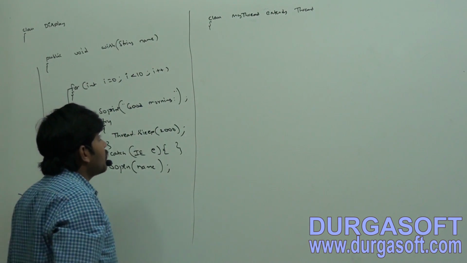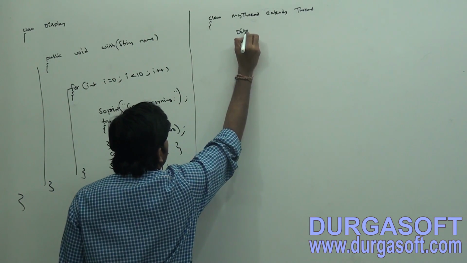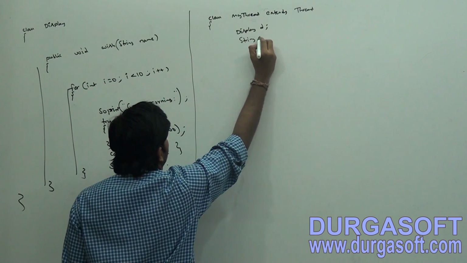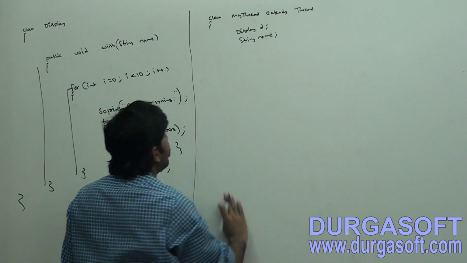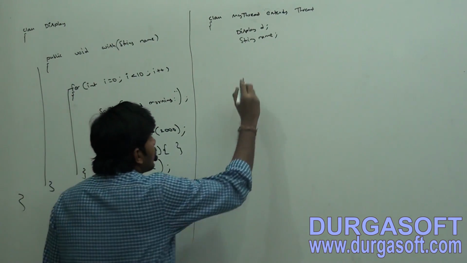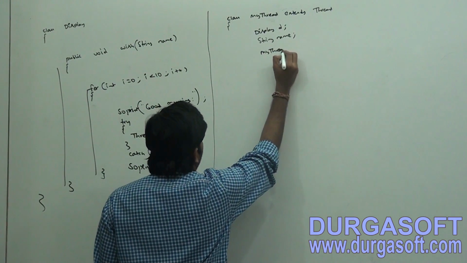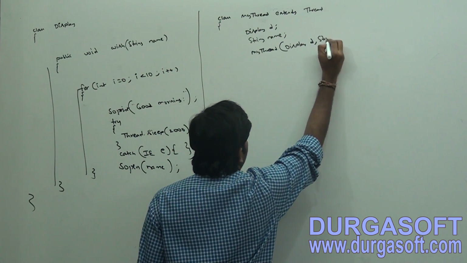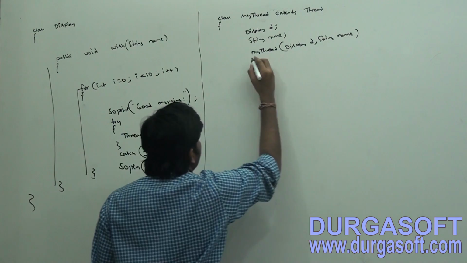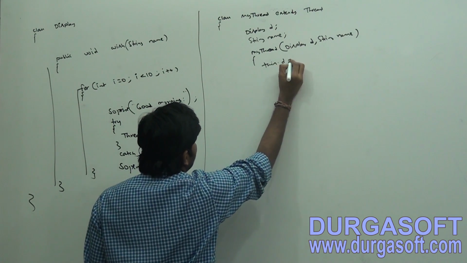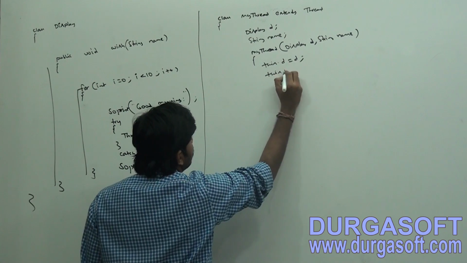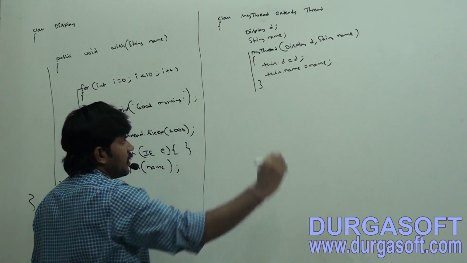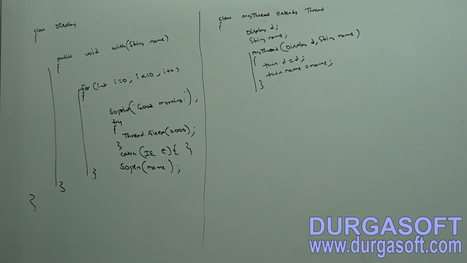Now I'm taking Display d, comma String name. MyThread of Display d, comma String name. So this.d = d, this.name = name.